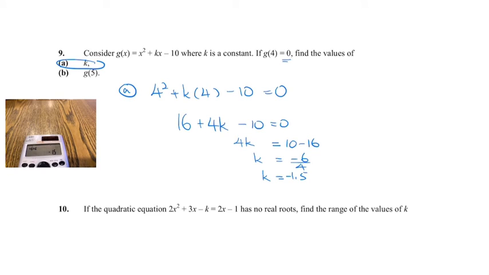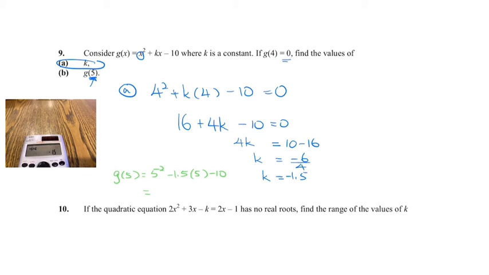And then the next thing you have to do is find g(5). In other words, replace x with 5 now. So you also do it in the same way. g(5) will be 5 squared, and then you already have the value of k, so negative 1.5 times 5, minus 10.